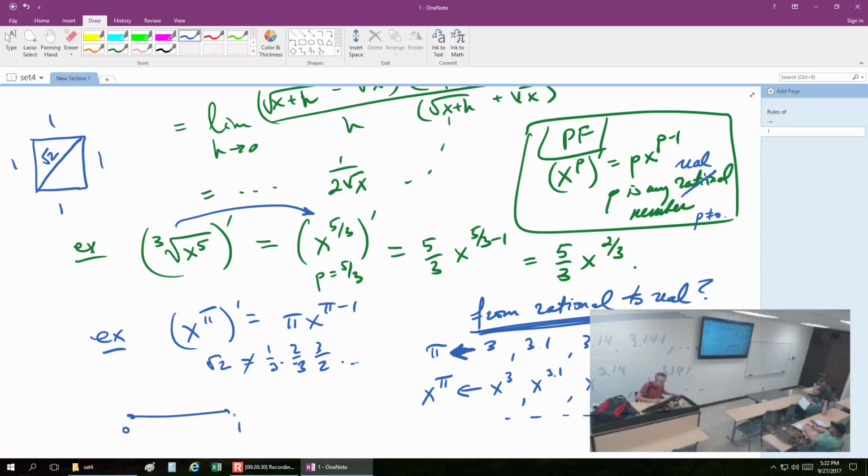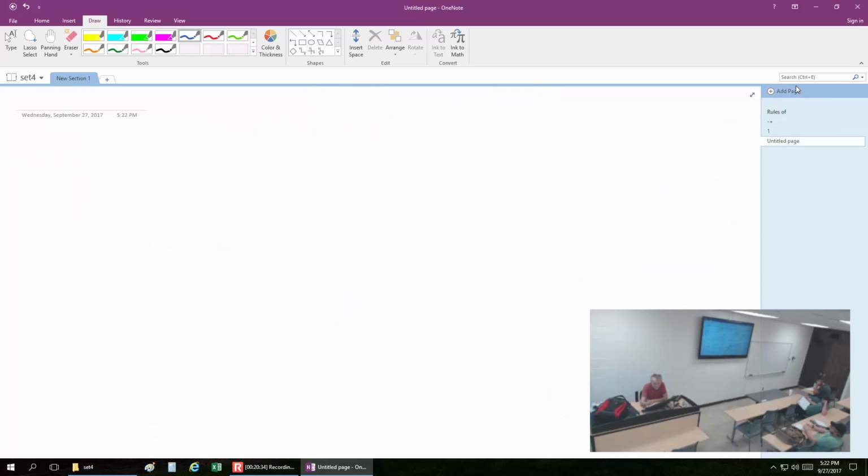Okay, so then the idea is that what we have already learned is that we can differentiate polynomials with these rules.